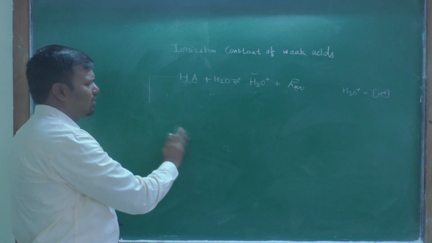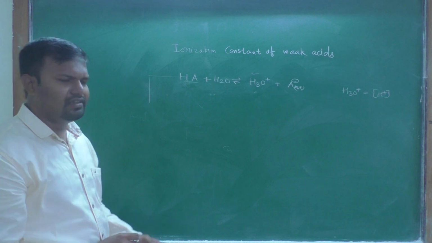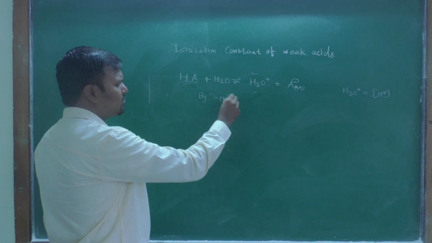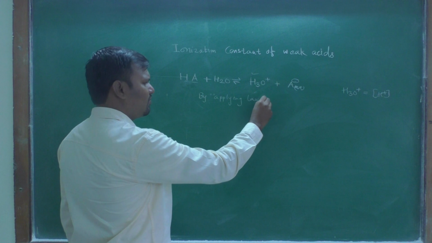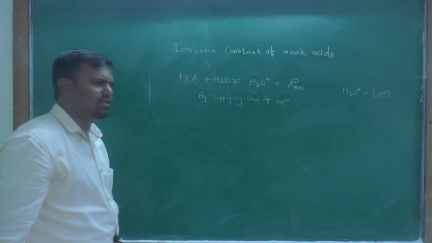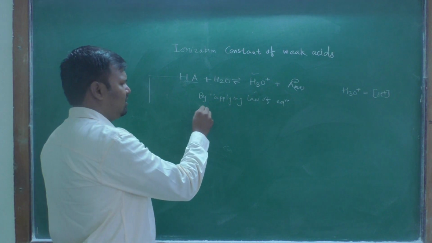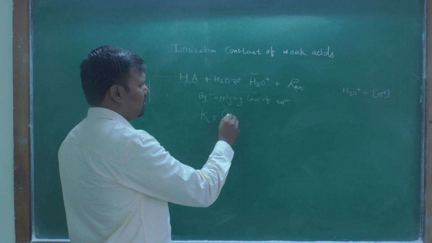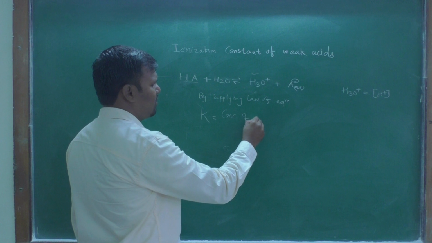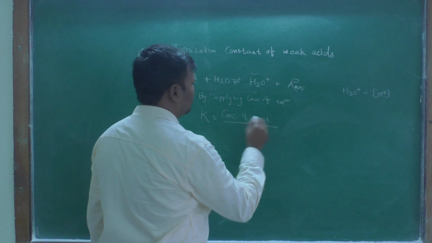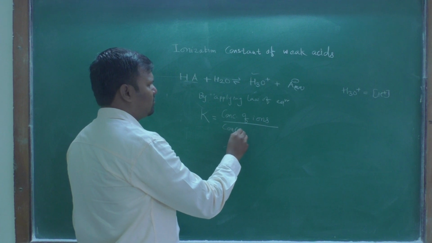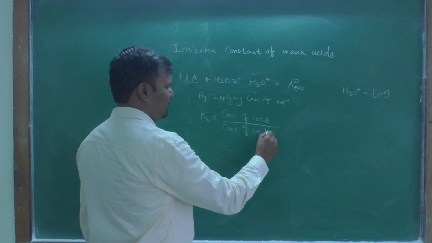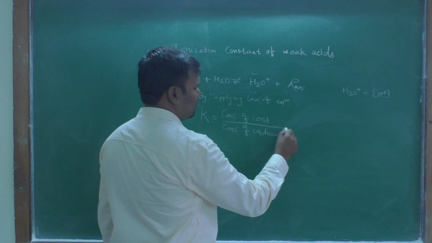Now, by applying the law of equilibrium, if there is an equilibrium, then the constant K is equal to the concentration of ions upon the concentration of the undissociated molecule.